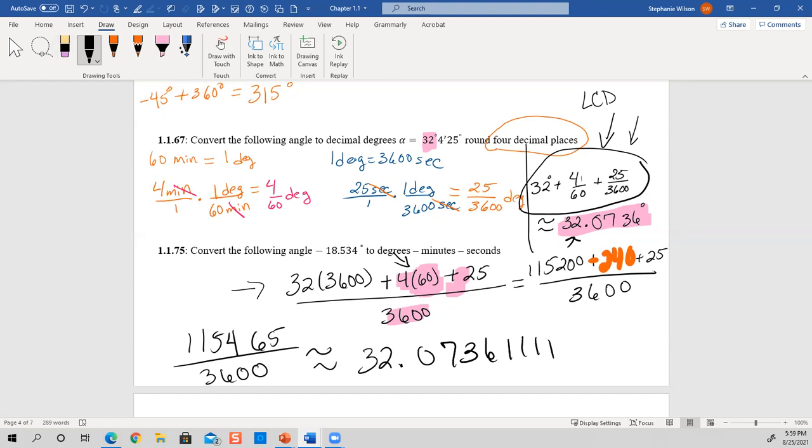So let me look. We are almost done. I would like to work a couple more of these problems, and it looks like 3 more. Then that will finish up section 1.1, and I'm going to give y'all a break. Are y'all still writing this part down?